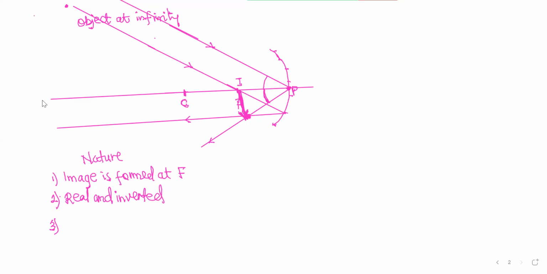Okay. Supposing infinity is just here, look at the size of the object and then compare it to the size of the image. What will you say about the size, or how would you describe the image? Sir, please, the image is diminished. Good. So image is diminished.